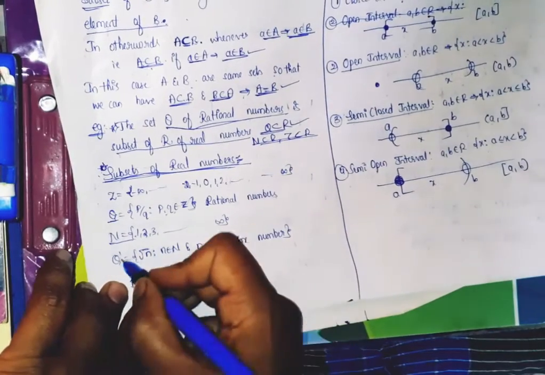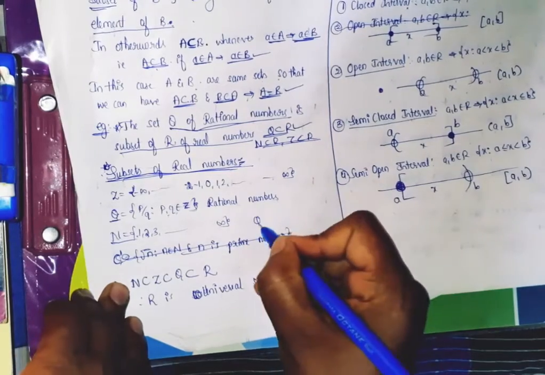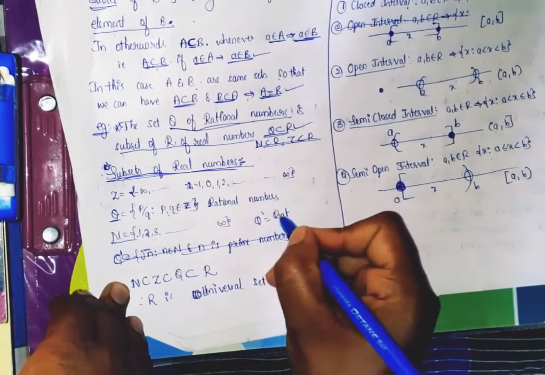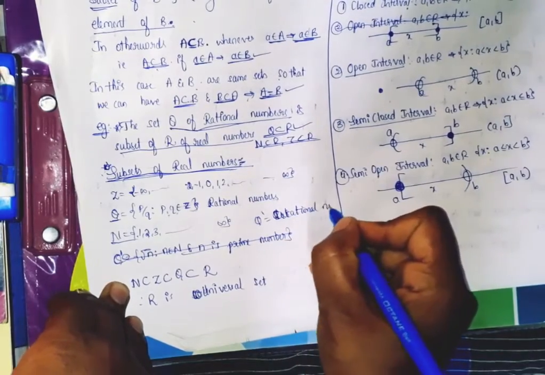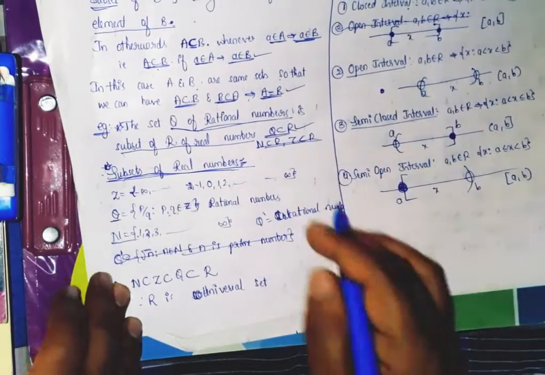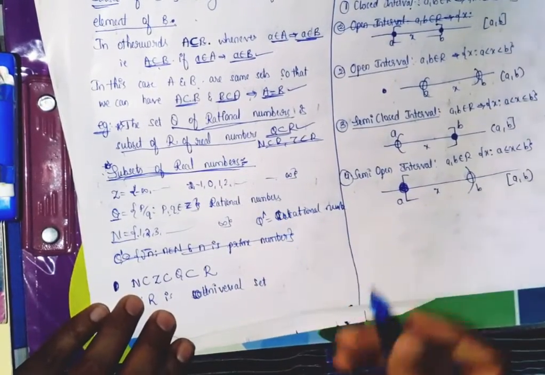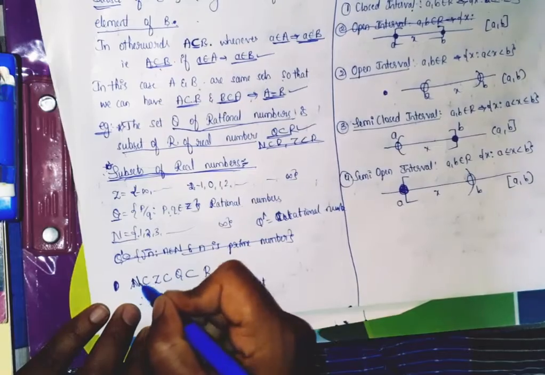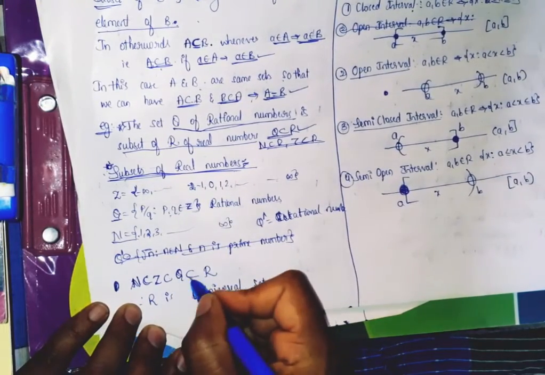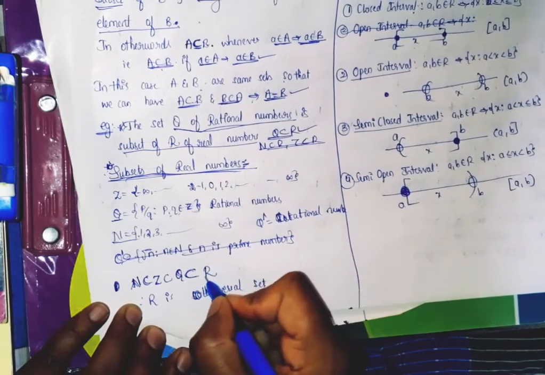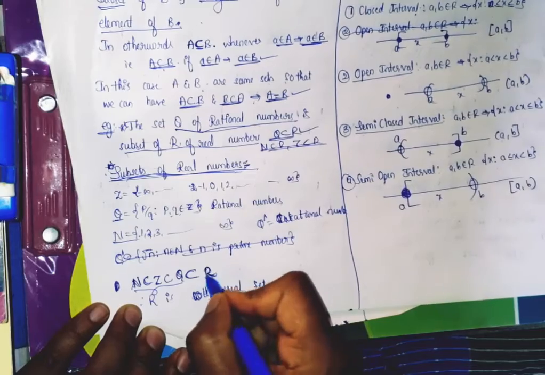And here Q dash is the set of irrational numbers. So this is also a set which is included in real numbers R. So N is a subset of Z, and Z is a subset of rational numbers, and all of them are subsets of R, the real numbers.